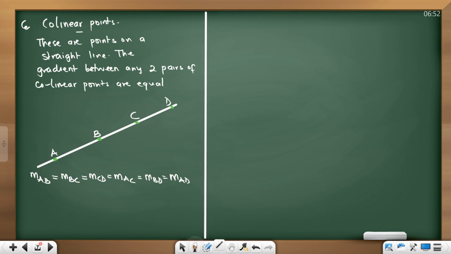Let's look at number 7 quickly. Number 7 is more of an application: gradient by transition.